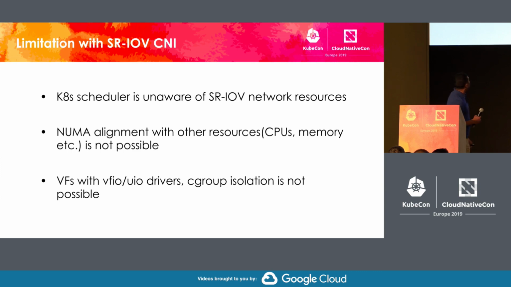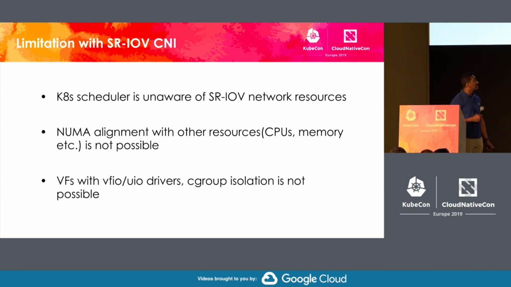If we want to ensure really high performance, we want to ensure that these VFs come from the same NUMA socket as your CPU and memory. This also cannot be addressed in the CNI plugin itself. Then, if we want to use this VF as a user space driver, we couldn't do the CPU cgroup isolation through the CNI plugin either.